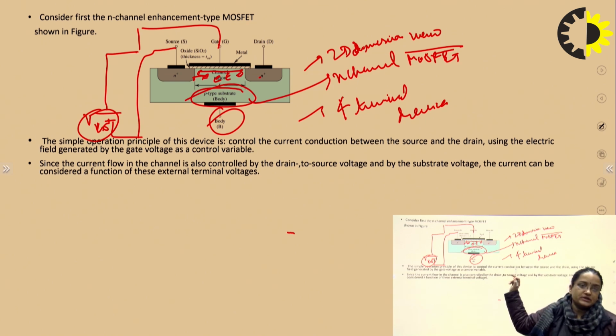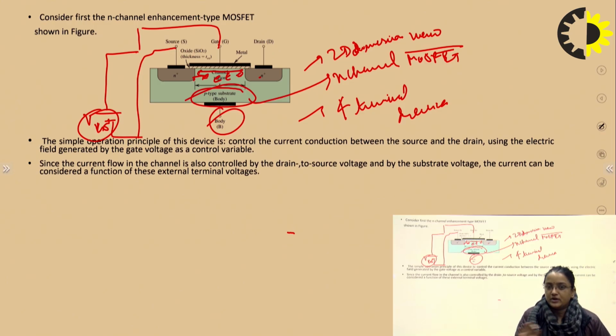The three-dimensional view is not required at all. It is just depicted to give you a better understanding of the MOSFET. That's the only purpose of the 3D view I depicted in the earlier slide.